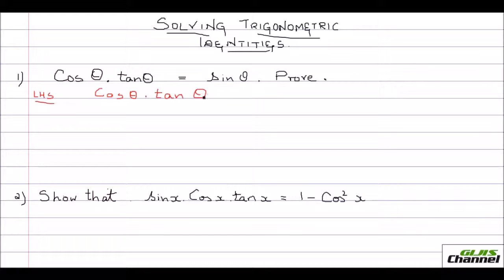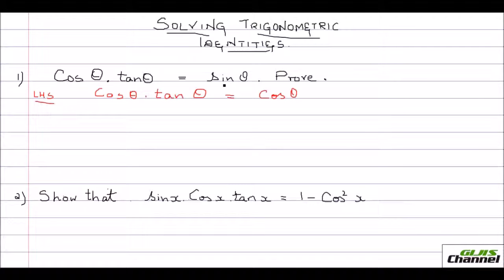So I can write this as cos theta, and the tan theta I can write in terms of sine and cos. See, actually you have to show that the left hand side is equal to your right hand side. So keep an eye on the right hand side, and you have to take the terms on your left hand side to the right hand side, right? It should match with the right hand side.